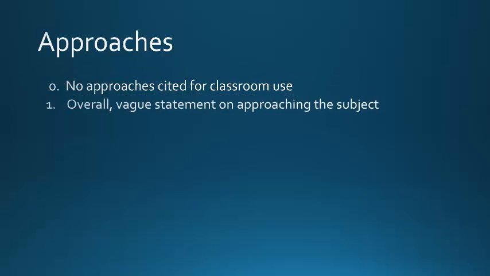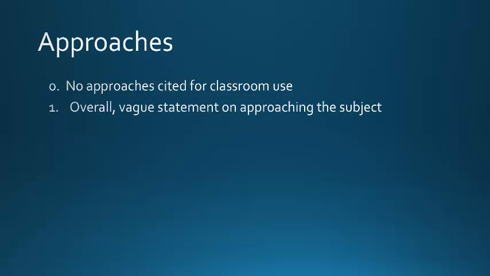So real quickly then, the four ratings under this. If you have no approach cited for classroom use, you would get a 0. To get a 1, you need an overall vague statement of how you're going to approach the subject. Okay, that's easy. Putting something in is going to get you a 1.